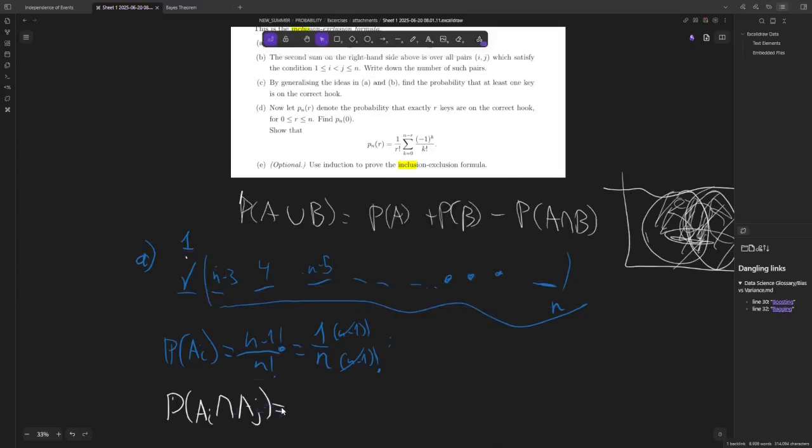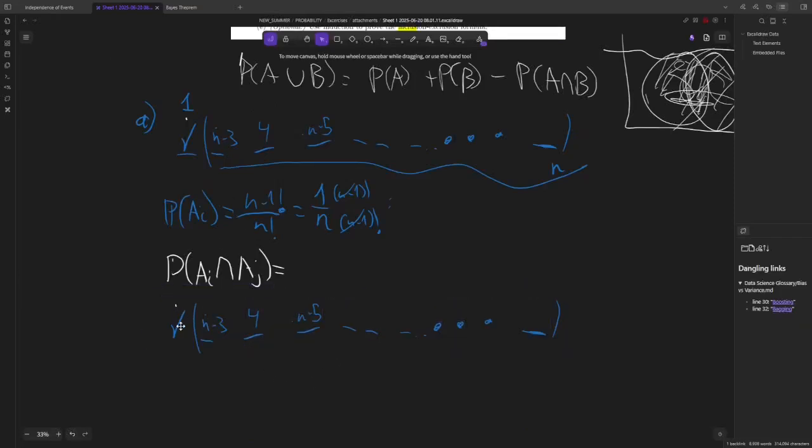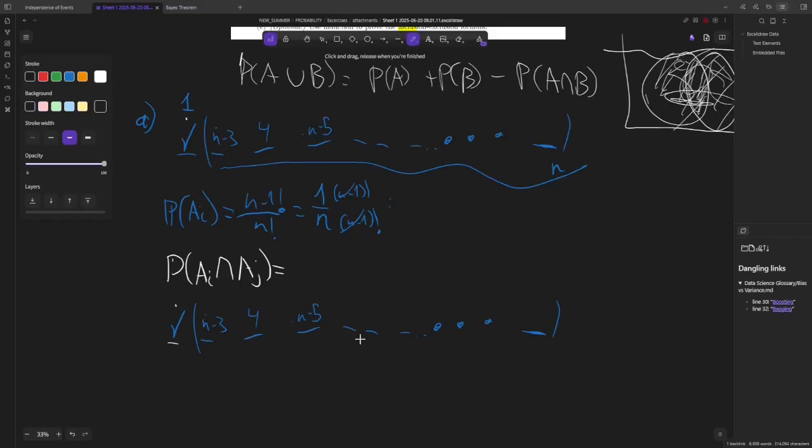You choose the first one, or any position, and that's fixed. So this one is 1, 2, 3, this one is 4, and this one is anything else, n minus 2. So this one is fixed, and it's correct. Now you have n minus 2 elements left, because these two cannot change. Therefore, it's n minus 2 factorial over n factorial.